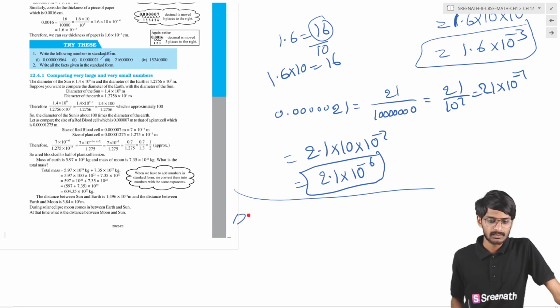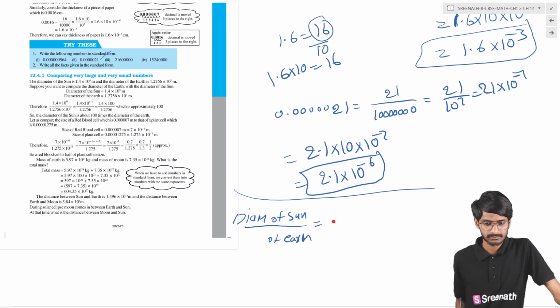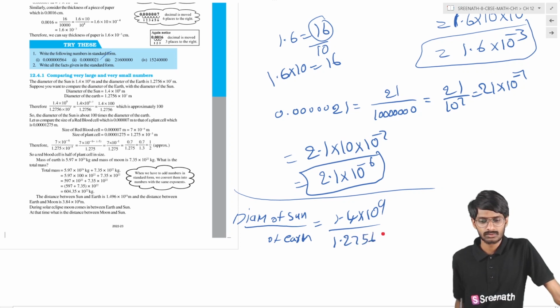For that we have to divide the diameter of the sun by the diameter of the earth. That is 1.4 into 10 power 9 divided by 1.2756 into 10 power 7.